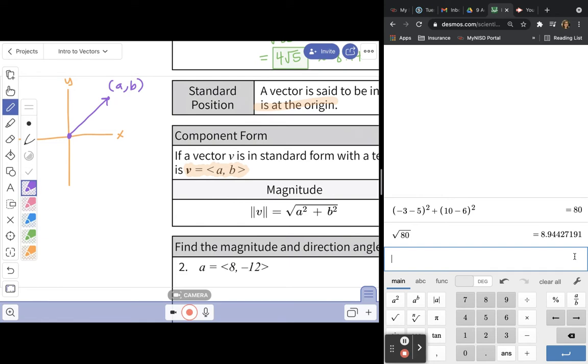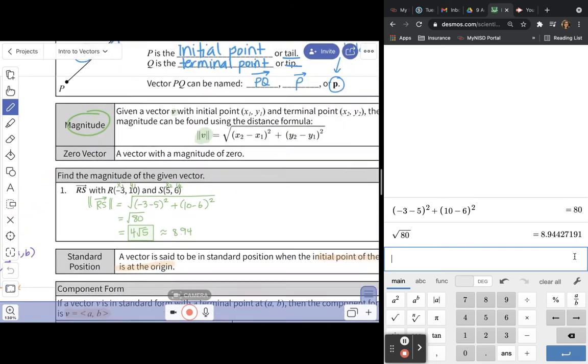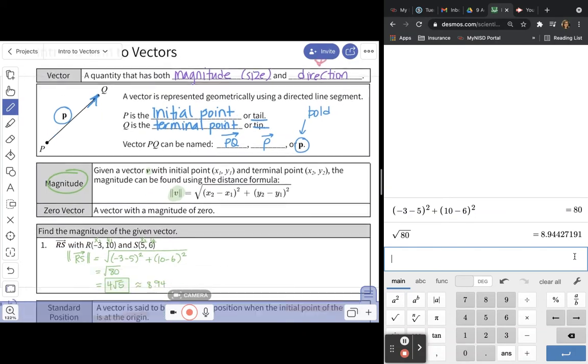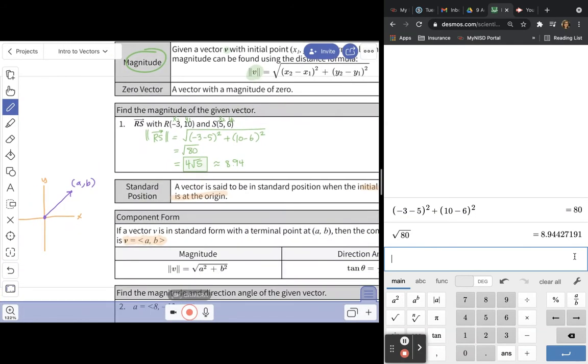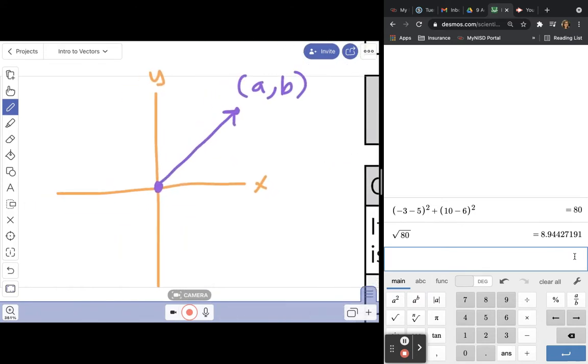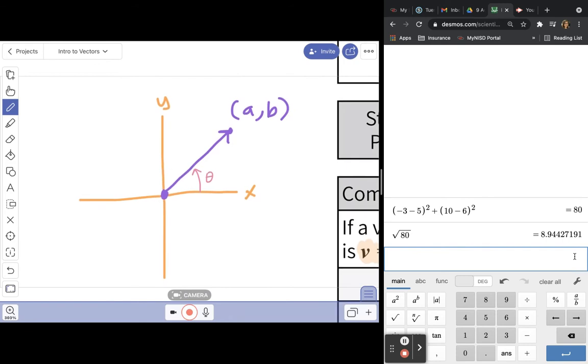But another thing that we haven't really talked about that much yet is direction. I mean, that was part of the definition up here. It needs to have magnitude and direction. So how do we know what direction it's going in? Well, that's the direction angle. If you can figure out what this angle is here, and we call that theta, that will tell you what direction that vector is pointing in.